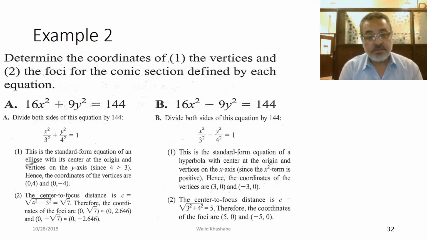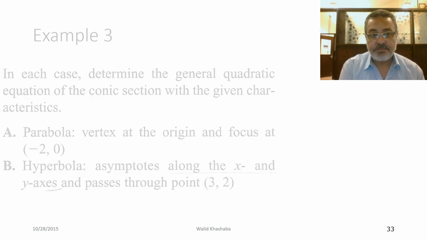Therefore, the coordinates, of course, on the x-axis this time, will be 5 and 0 and negative 5 and 0. I hope you understand this example because I want to focus on the shape of the equation, the type of the equation. If you know the type, you will save a lot of time.